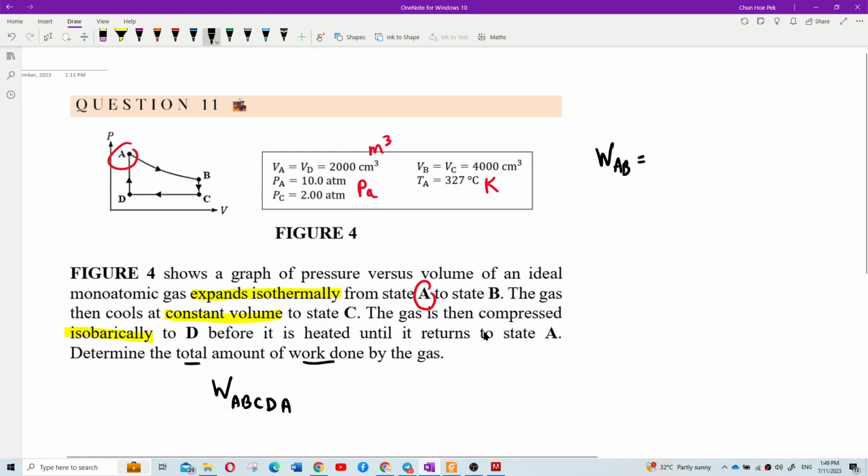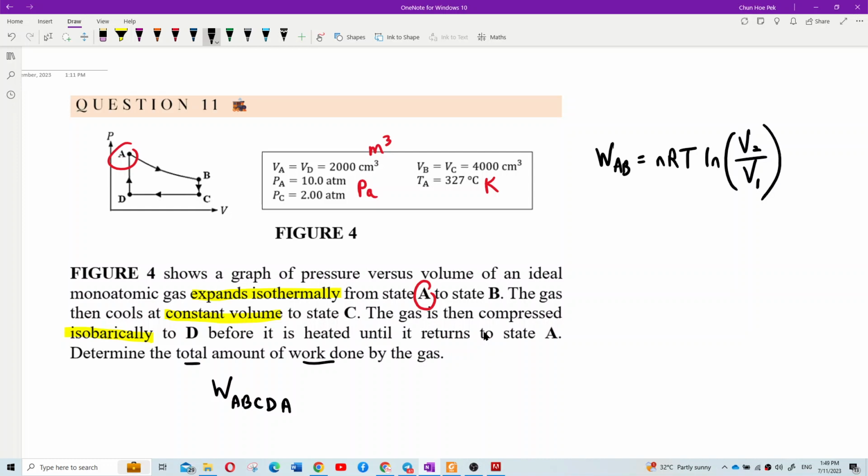Work done AB is isothermal process. nRT ln V2 over V1. Ya, ataupun ini ialah V2 over V1 ataupun VB over VA. Understand, class? Because it's V final over V initial. V2 or V1. Okay. Temperature I have. Temperature at A. Yeah, I got temperature at A.